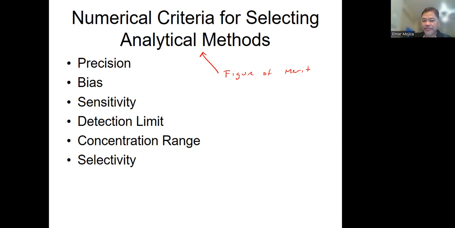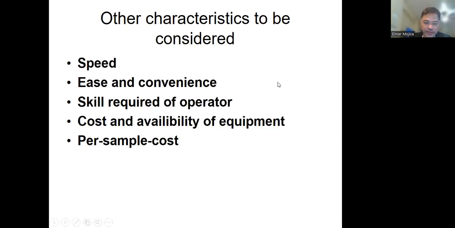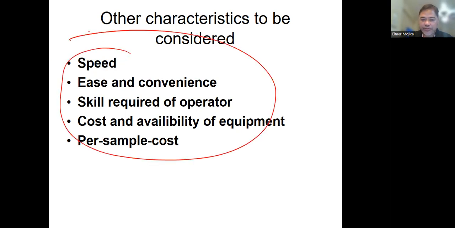Okay. So other things that you need to consider: speed, ease and convenience, skill required of the operator, the cost and availability of equipment, and per sample cost. So what's the difference of this compared to the previous slide?